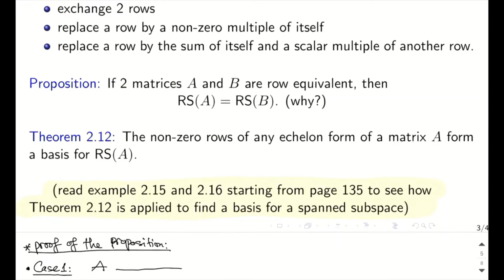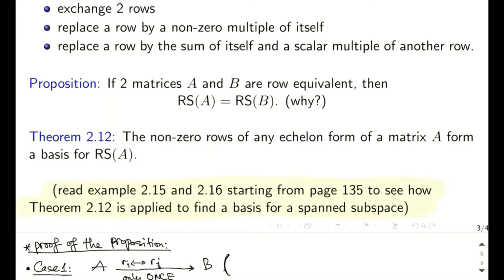If you exchange two rows only once, so row i is exchanged with row j only once, right? That means row j of B, I'm going to use the notation Bj. Don't get confused with the notation Bj for the jth column.